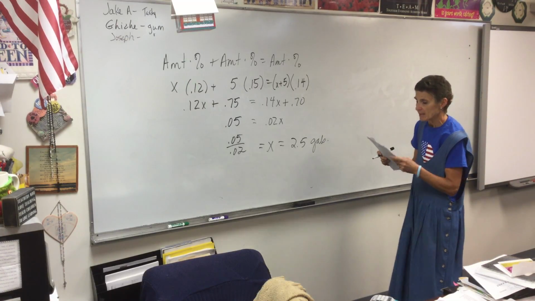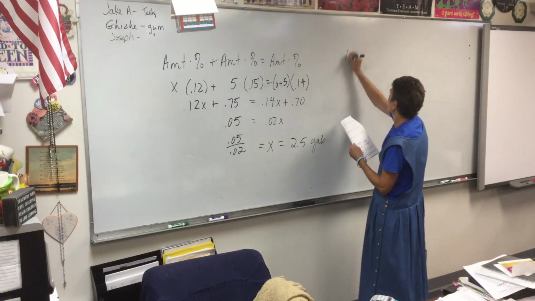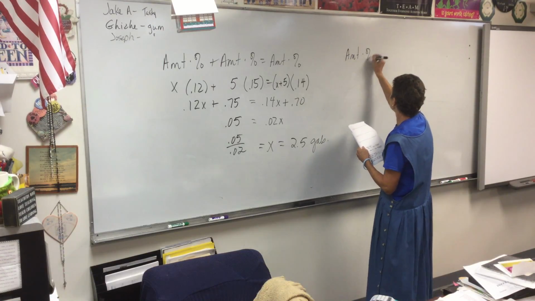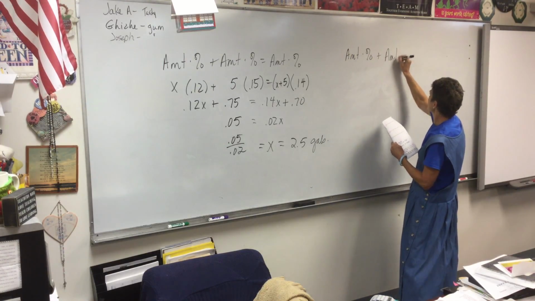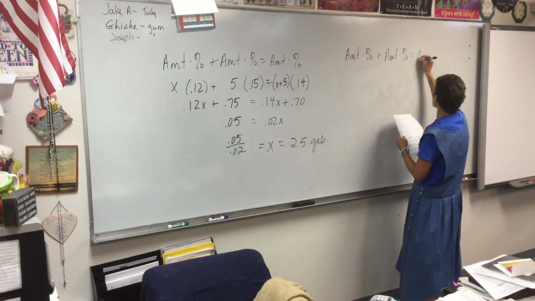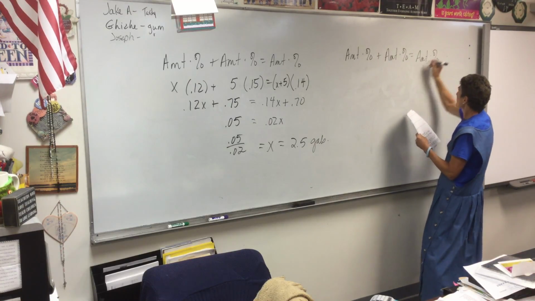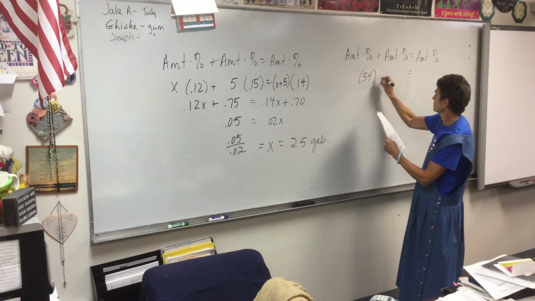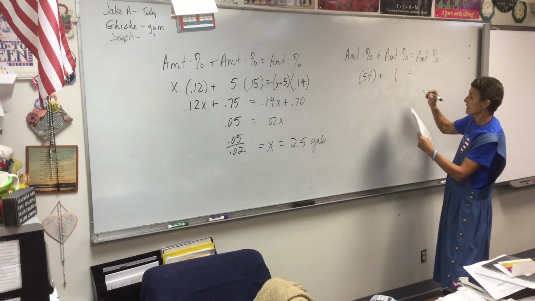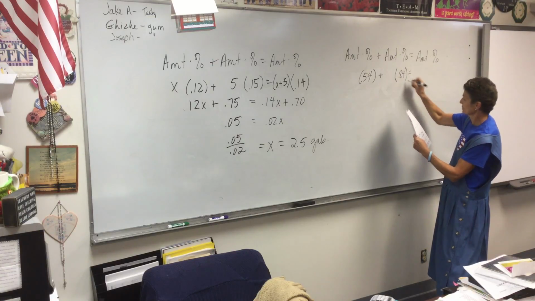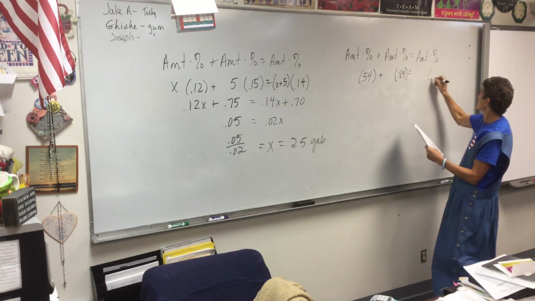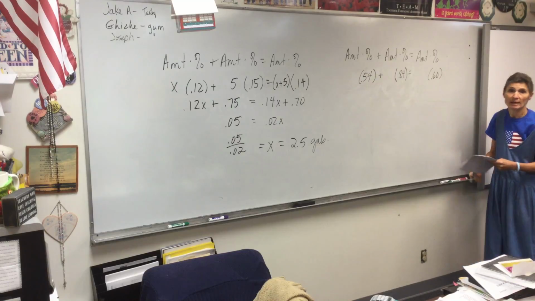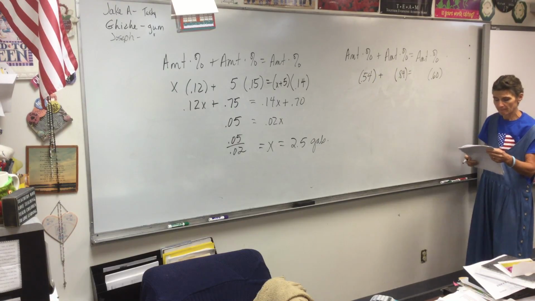Another one. We have 54%, so we have amount times percent plus amount times percent equals amount times percent. All right, so my percentages, I have 54% acid solution. I have 84% acid solution. And I have 60% as a final result.